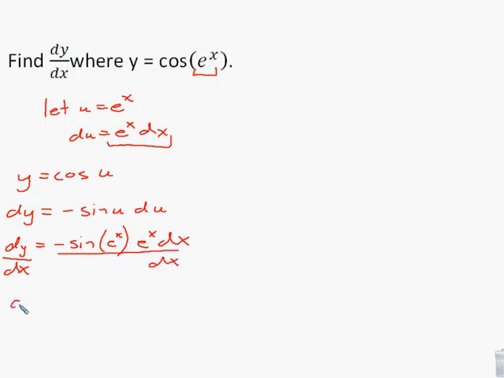So dy/dx is equal to, again, I'm going to change this around, negative e to the x sine of e to the x. That's the derivative of y equals cosine e to the x.